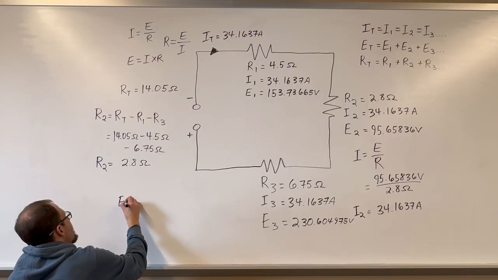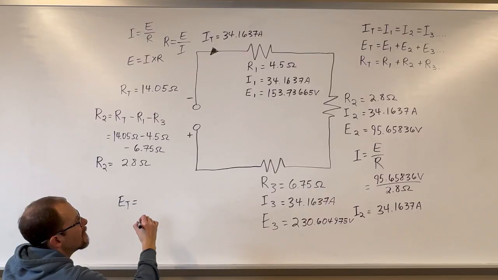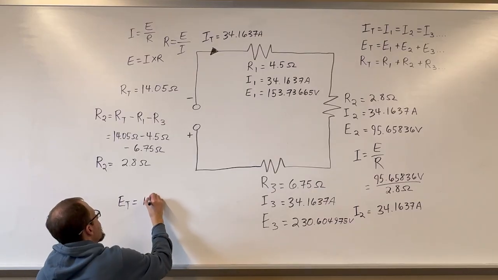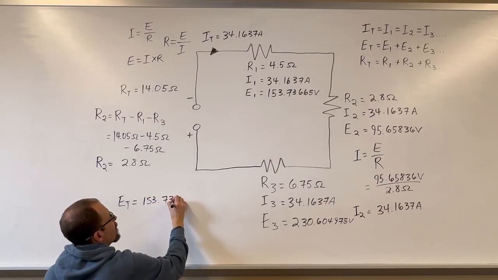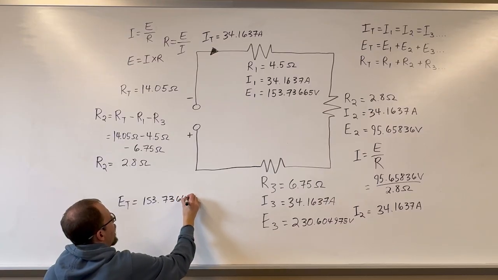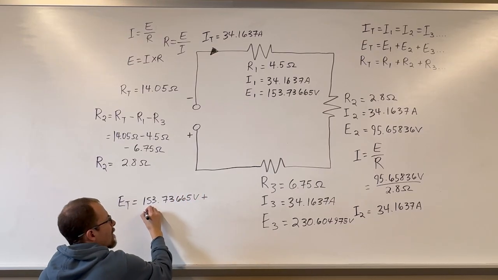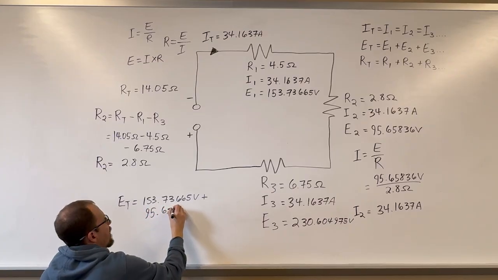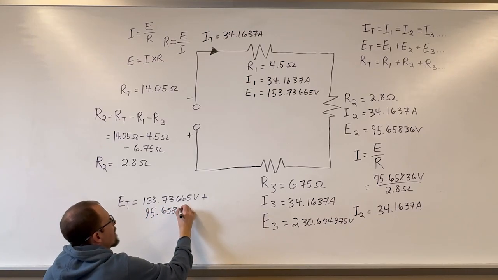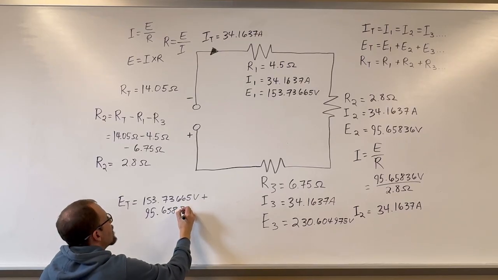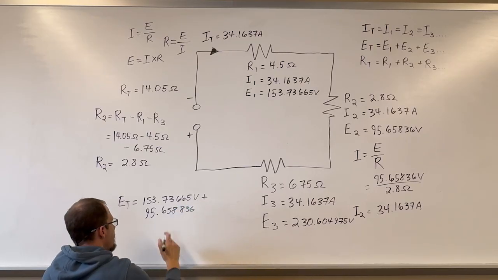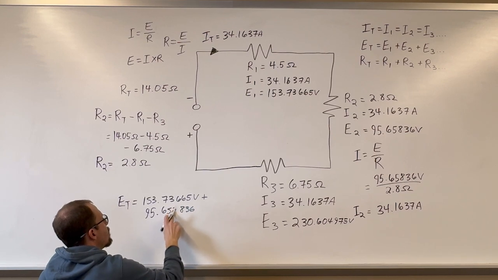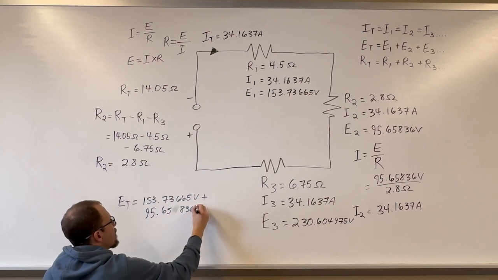E total equals 153.73665 volts plus 95.65836 volts.